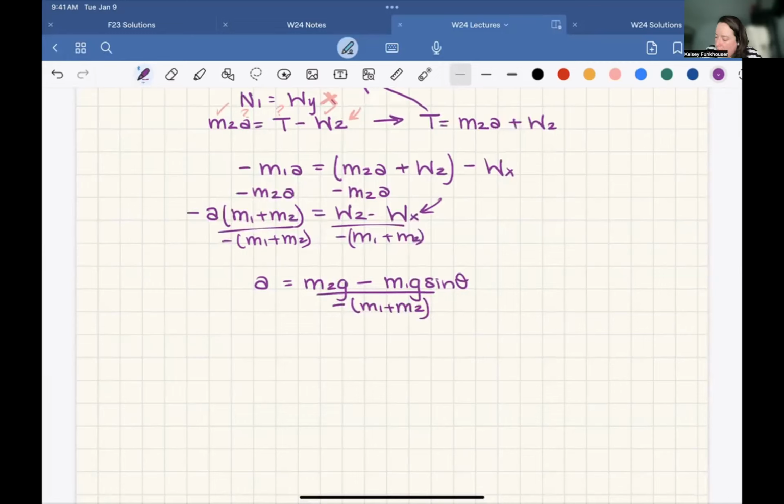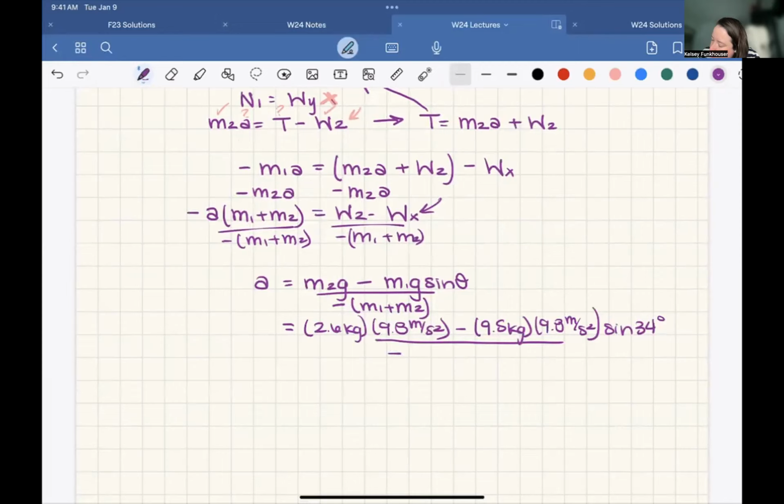So now we can plug in our numbers, and mass 2 is 2.6 kilograms times 9.8 meters per second squared minus 9.5 kilograms times 9.8 meters per second squared times sine of 34 degrees, divided by negative 2.6 kilograms plus 9.5 kilograms.